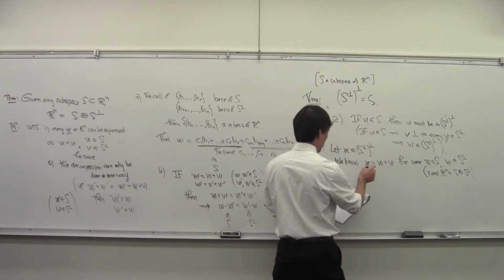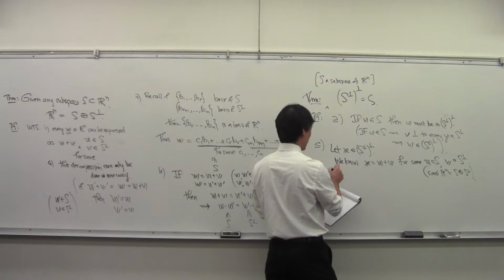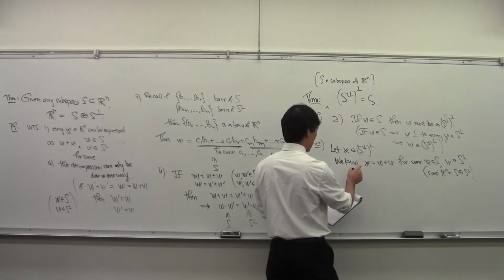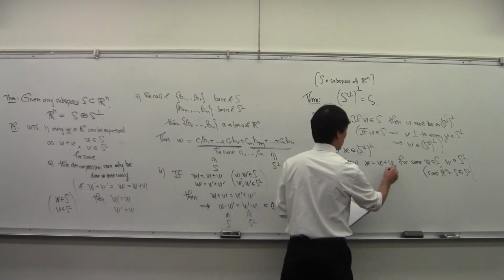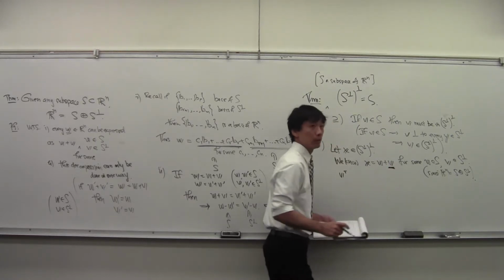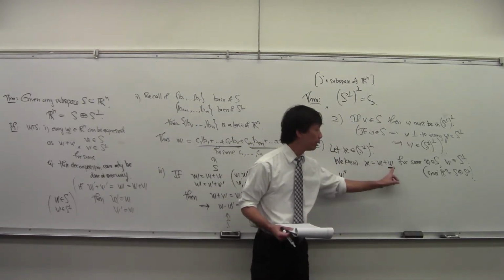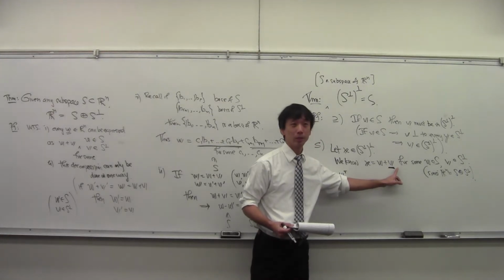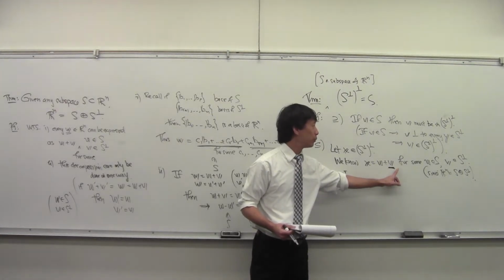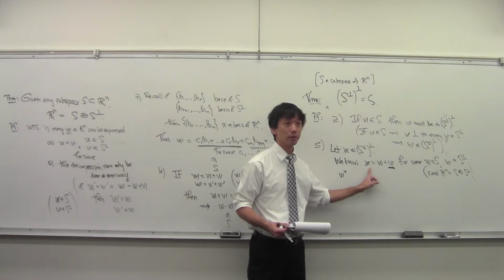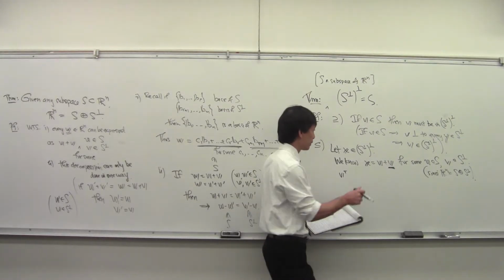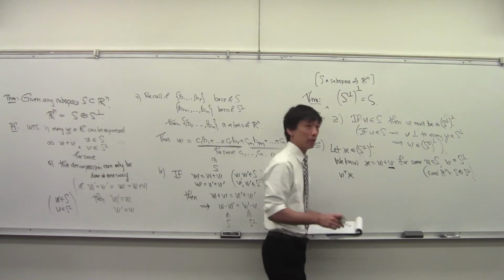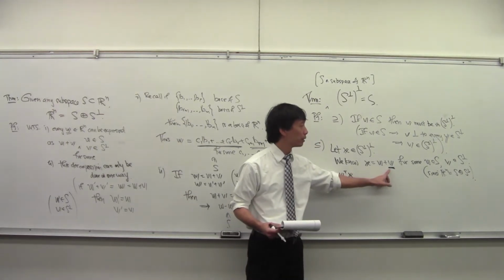Right. So now take this part v, which is in S perp, and take the dot product against x.